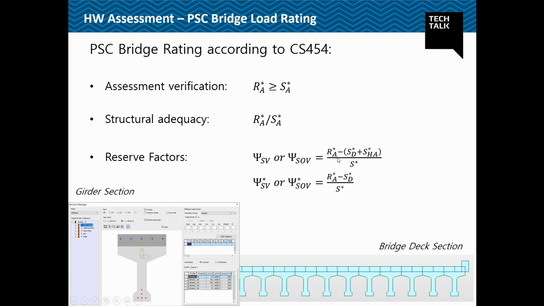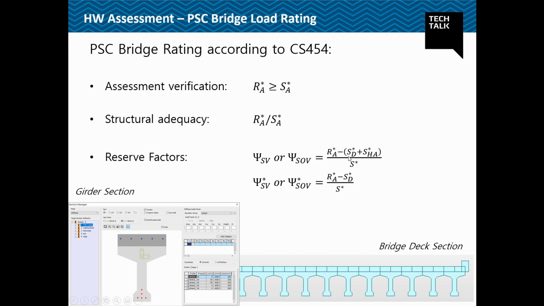So instead of using the full resistance, we subtract what is utilized by the permanent load, by dead loads and super dead loads, and we also take away the resistance from associated standard loads if there are such on the structure, which basically gives us the available resistance, or what is left over from these initial effects.